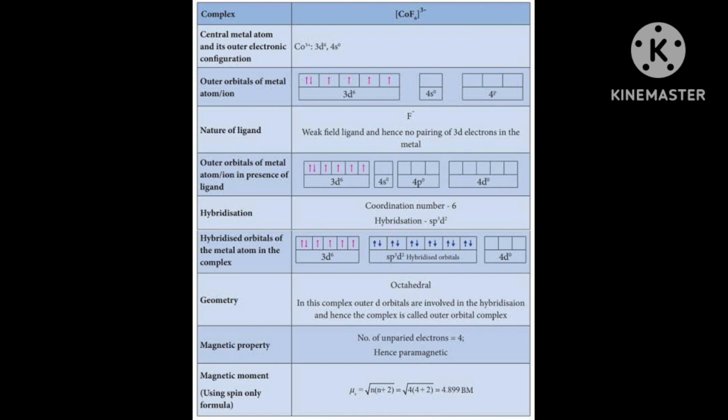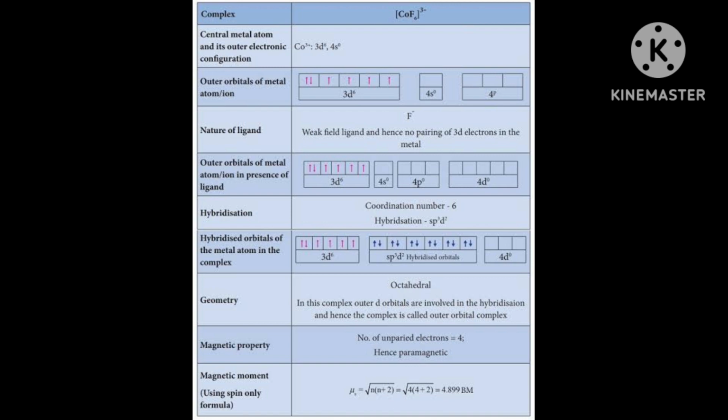Thus the complex has octahedral geometry and is diamagnetic, because of the absence of unpaired electrons. This is important. If there is no unpaired electron, then the complex will be diamagnetic.